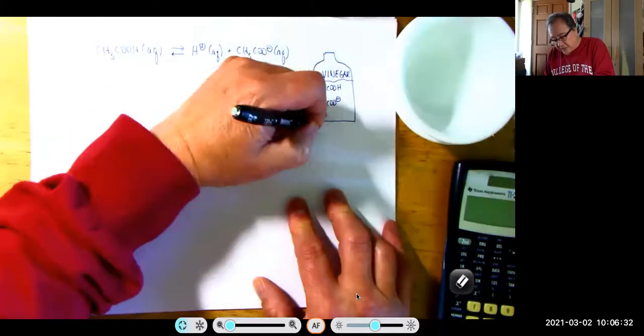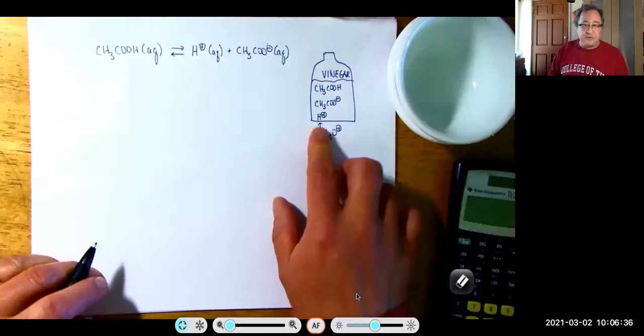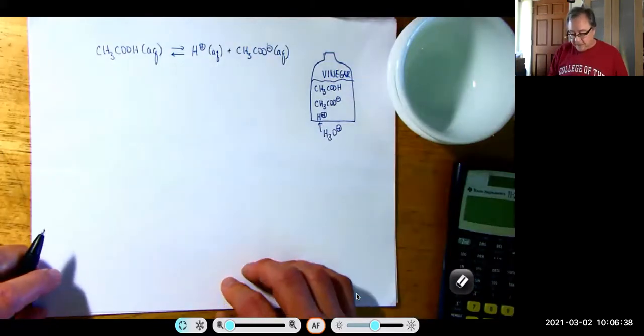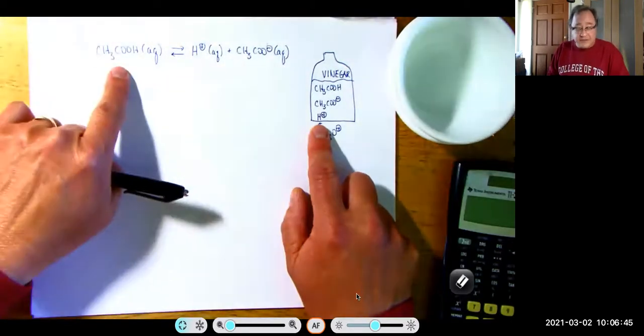Now the H plus ions are really H3O plus, or the hydronium ion, but it's just simpler to write them as H plus. Now we could figure out the concentration of H plus ions, but that doesn't tell us the amount of acetic acid in the vinegar.